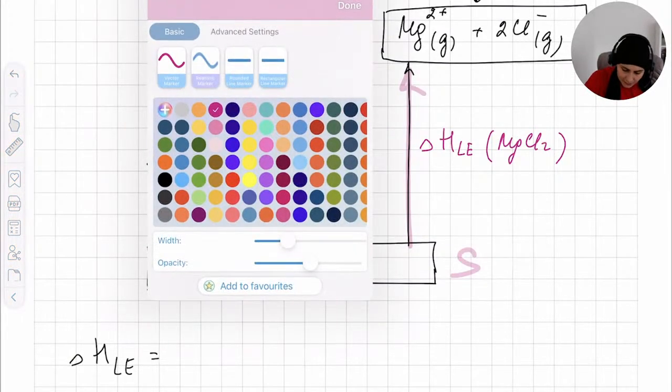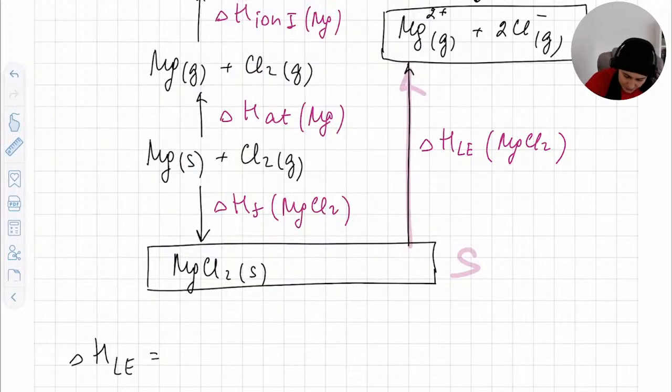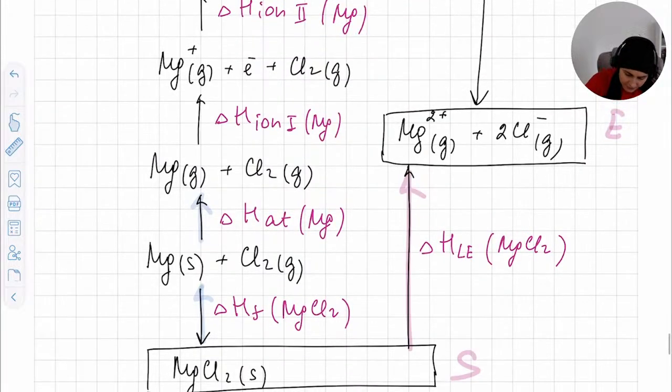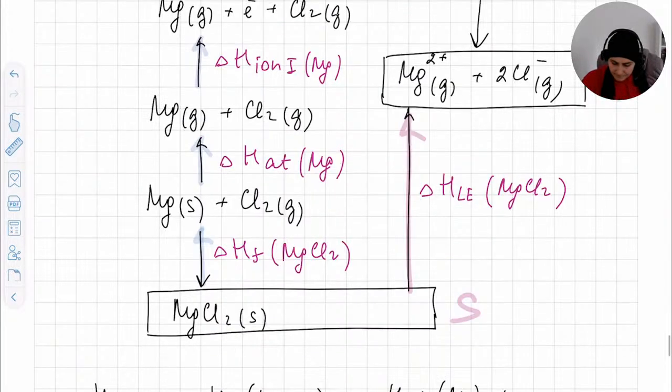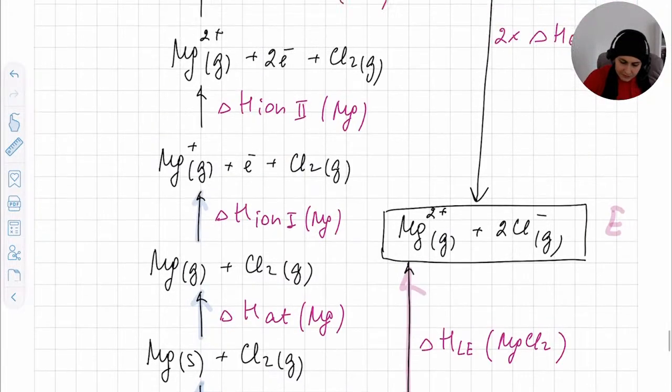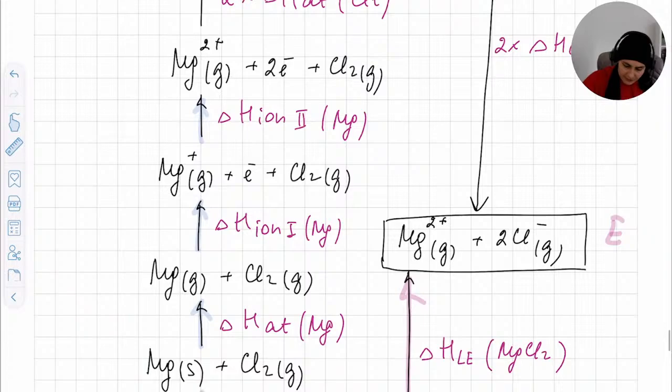Now indirectly, what am I doing? Indirectly, I'm doing minus formation of magnesium chloride because I'm opposing the arrow. Then I'm doing this reaction, which is atomization. Then the first ionization of magnesium. Then this reaction, the second ionization of magnesium.